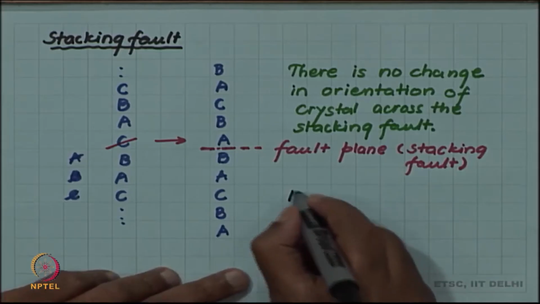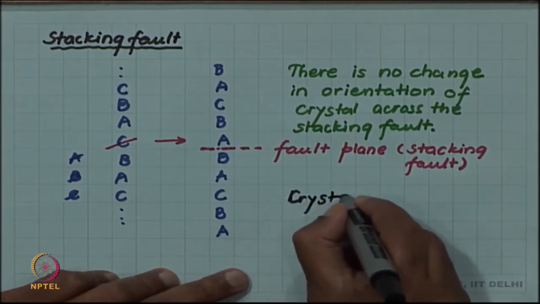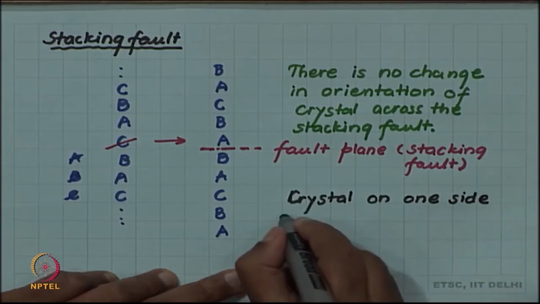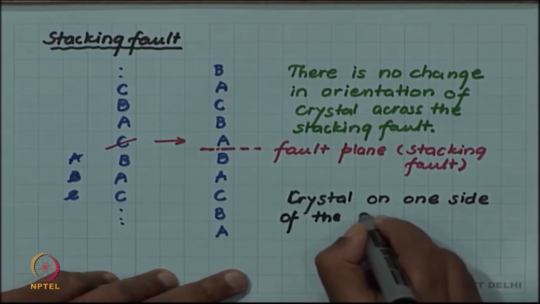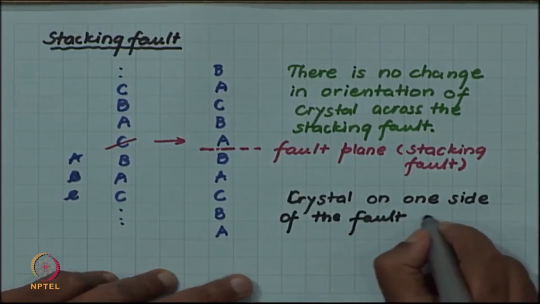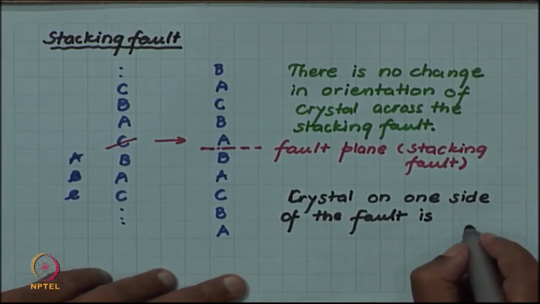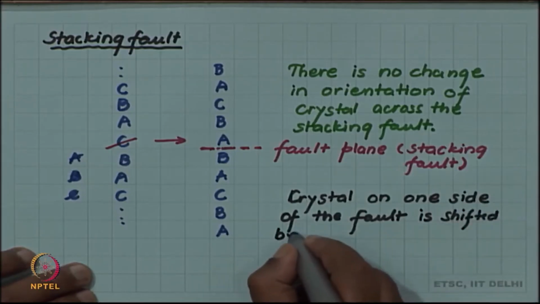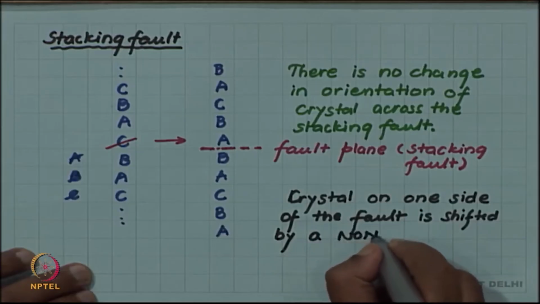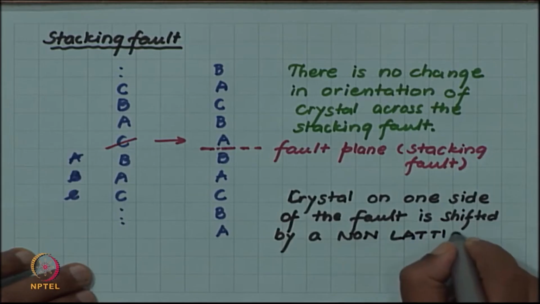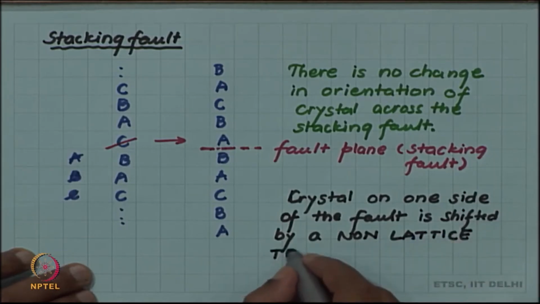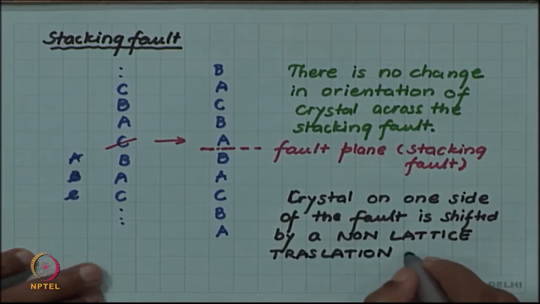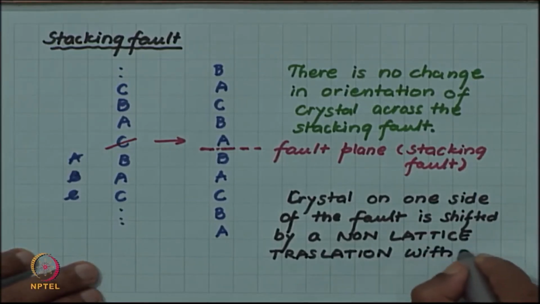So, we can write that the crystal on one side is shifted by a non-lattice translation with respect to the crystal on the other side.